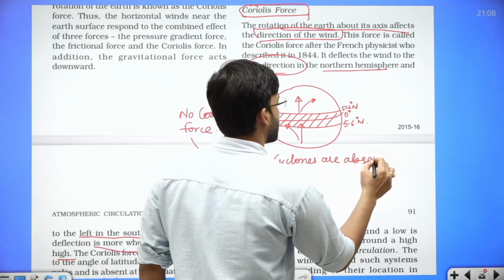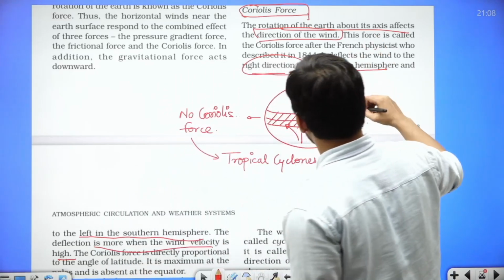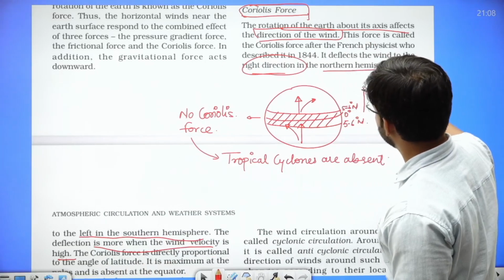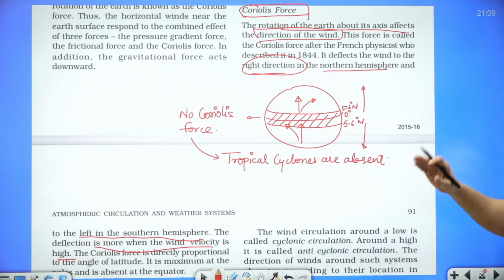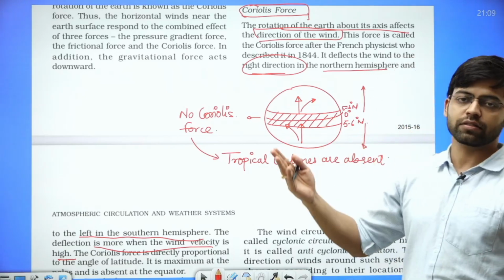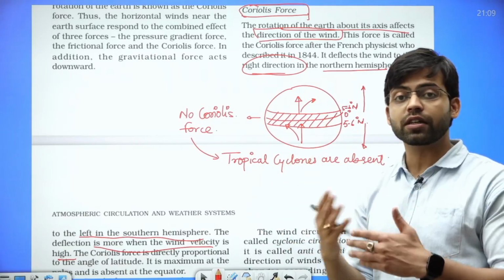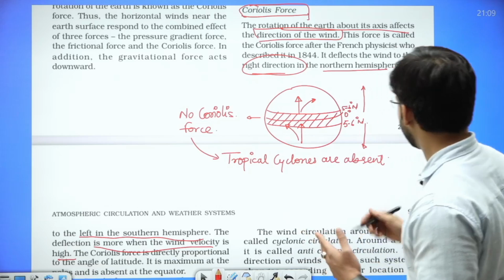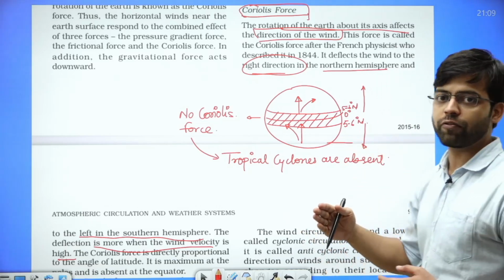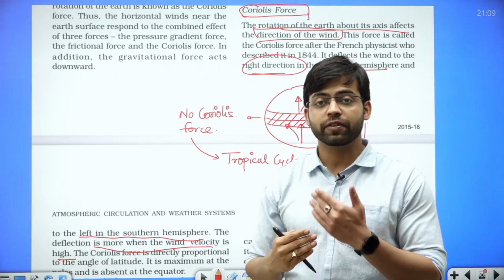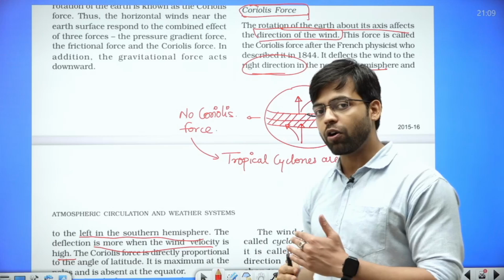But if we move from the equator towards the poles in both hemispheres, then Coriolis force increases, that is, deflection also increases, because there is an increase in the velocity of the wind. We know that some of the highest wind velocities are in the 40s, 50s and 60s degrees south of the equator.